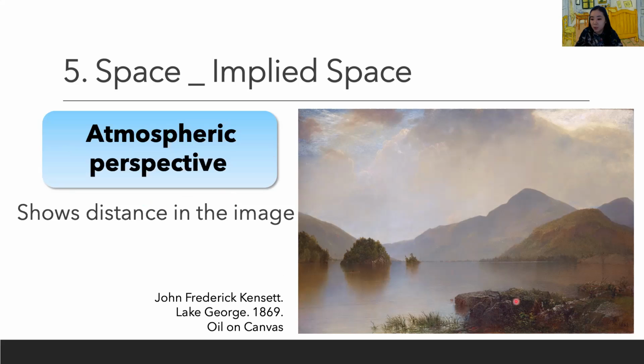So the front objects are clear, and the artist used a solid color, and then when you see the background, the artist reduced the saturation of the color, so it feels like it's far away.